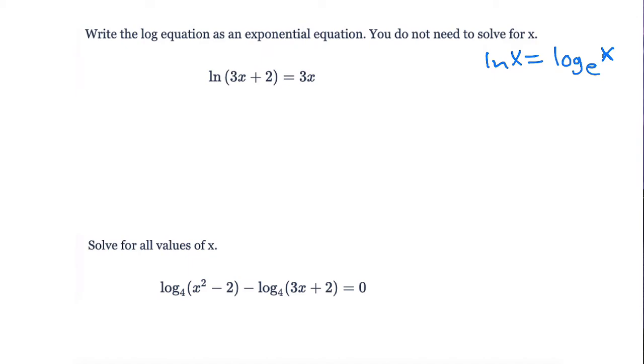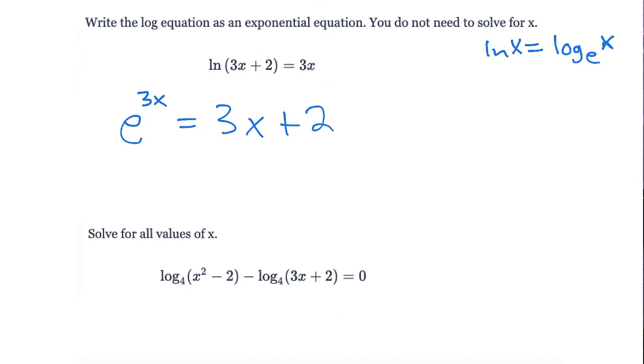So e to the 3x must equal 3x plus 2. Now that one would be really difficult to solve, actually. You might need a calculator, but they're not asking to solve it on the assignment. They're just saying write it.